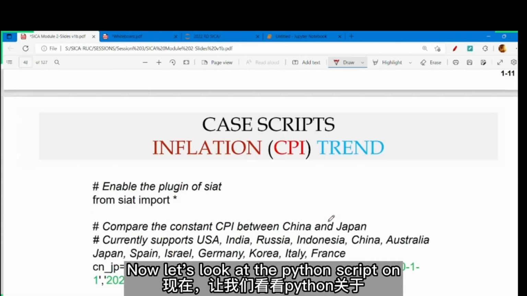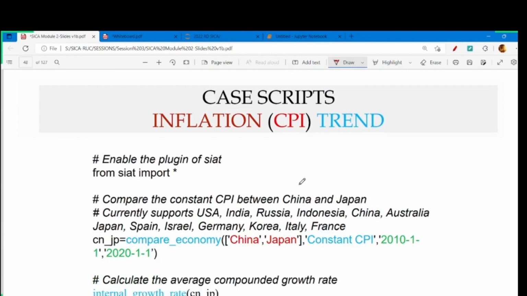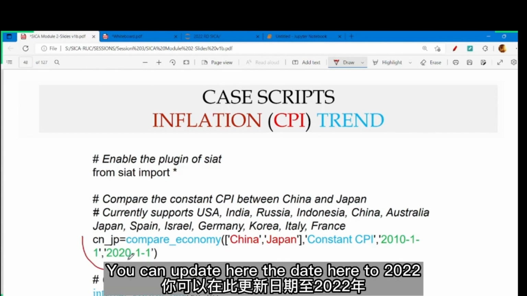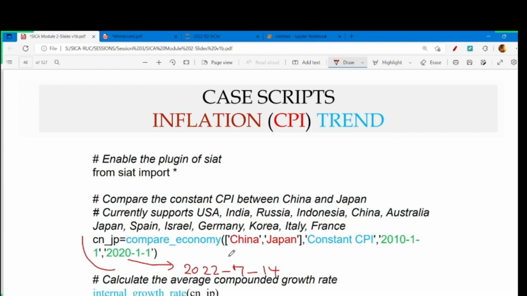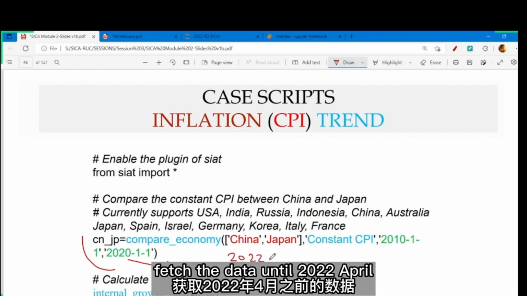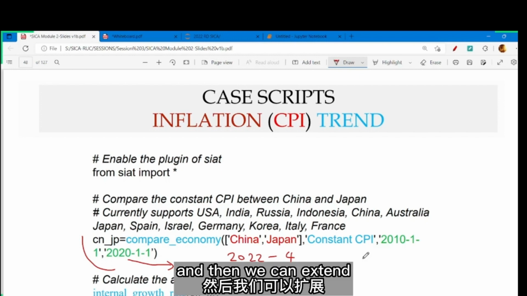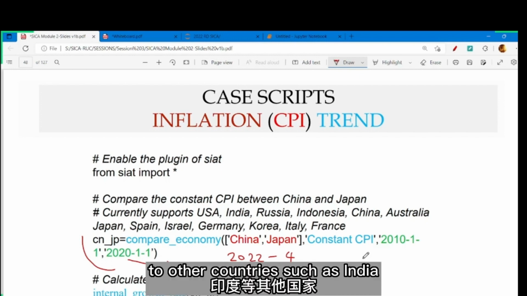Now let's look at the Python script on how we draw the trend of CPI. This is the Python command here. You can update the date here to 2022, July 14th. But actually we can only fetch the data until April 2022. We don't have the data after April. Now let's do it together, and then we can extend the case study to other countries, such as India.